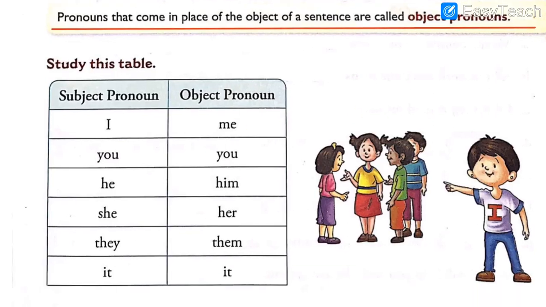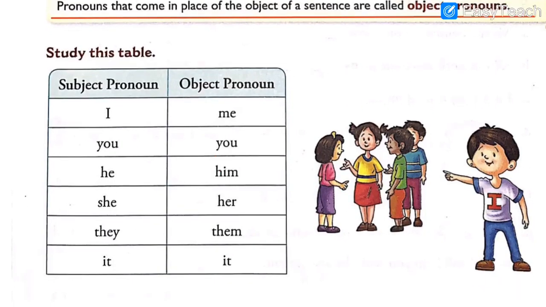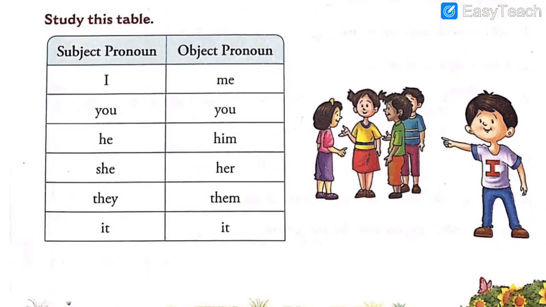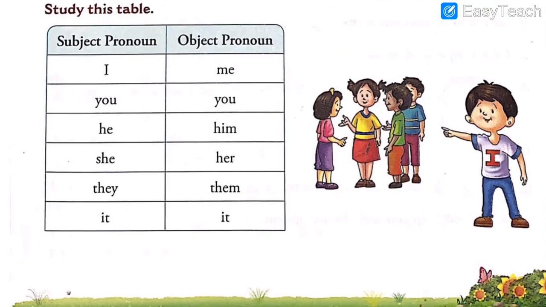Now let's see this table and also write this table in your notebook. It's a very important table for you to learn. So what is the table about? This table is about subject pronouns and object pronouns that you have just learnt. We have learnt about subject pronouns in exercise 1 and 2, and we have learnt a few examples of object pronouns along with the keyword whom.